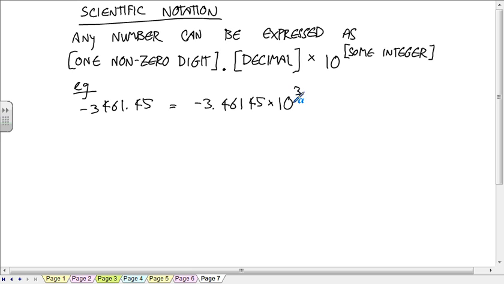A lot of times as a shorthand, I'm going to write this as negative 3.46145 capital E3, because that's how you enter it into calculators a lot of times and stuff.